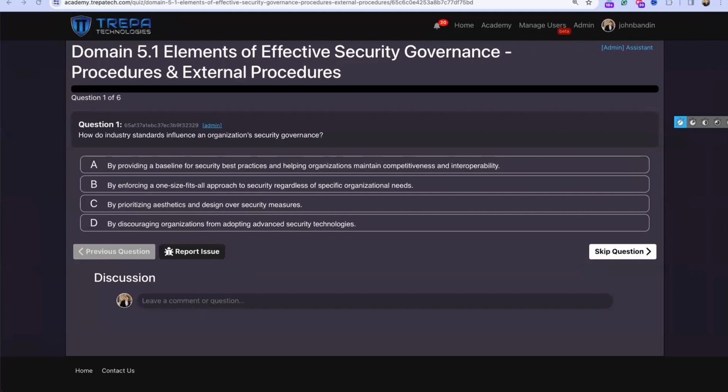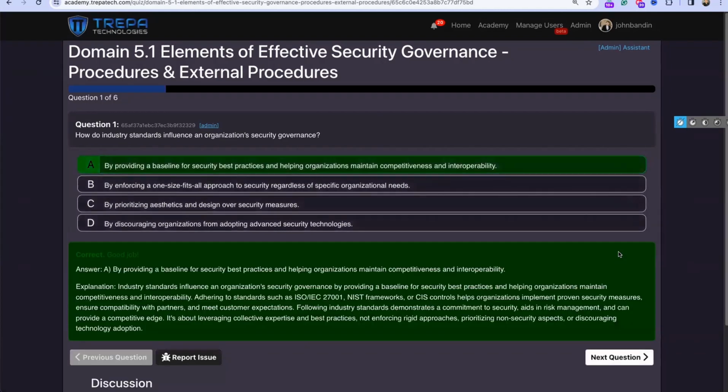Question 1: How do industry standards influence an organization's security governance? That's going to be A, by providing a baseline for security best practices and helping organizations maintain competitiveness and interoperability.